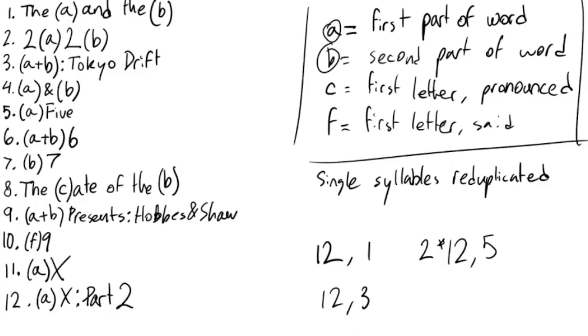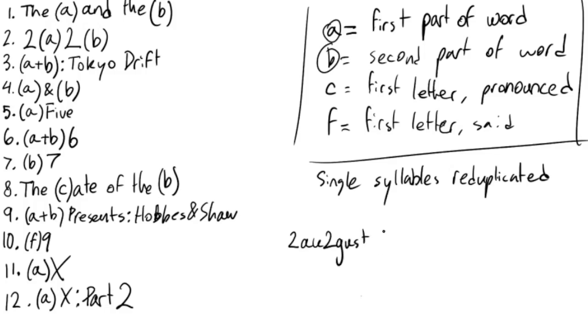So if you wanted to say the 29th of August, one of my favorite dates, Michael Jackson's birthday, I believe, if I recall correctly, you would say 2, which would be 2 or 2 gust, 12, or X part 2, 5, or 5.